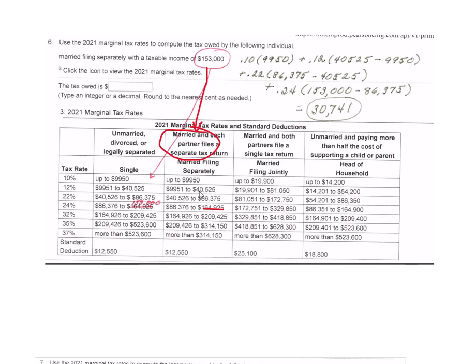In the next category, you will take... Oh, I apologize. Let me go ahead on something. Your taxable income was $153,000. I should write it right here. I wrote it over here accidentally, but it should be written over here.